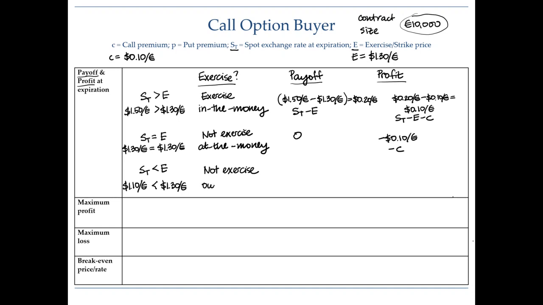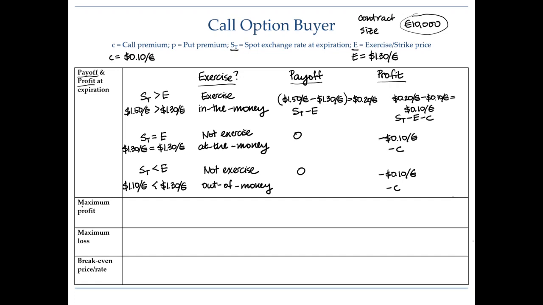So these call options are said to be out of the money, and you obviously will have zero payoff because you're not exercising this contract. You're not doing anything, you're just letting it expire. But as for profit, you're still out 10 cents because you had to pay for this call option. So your cost is really a loss of negative 10 cents, or negative C.